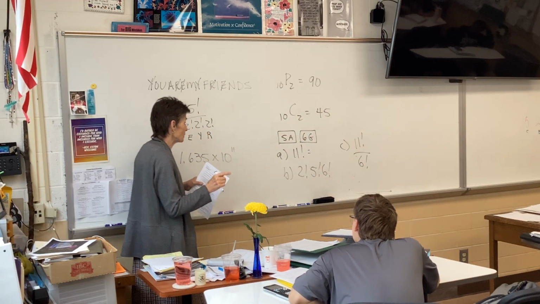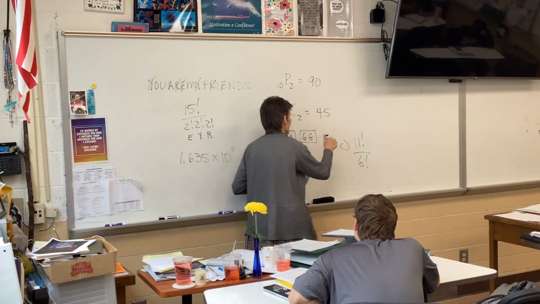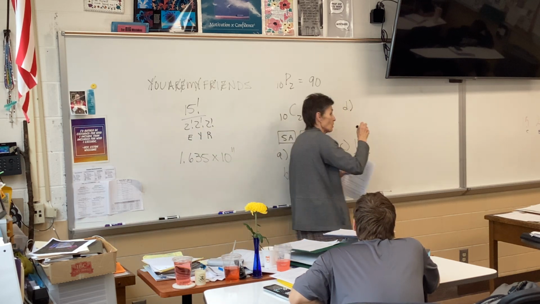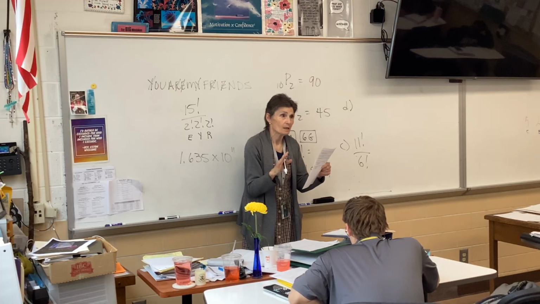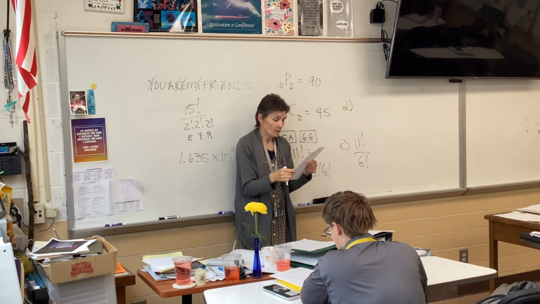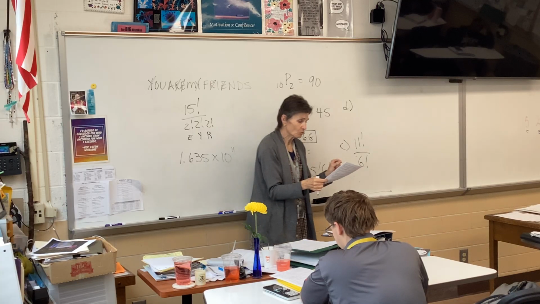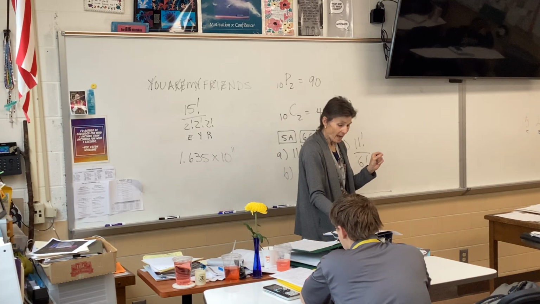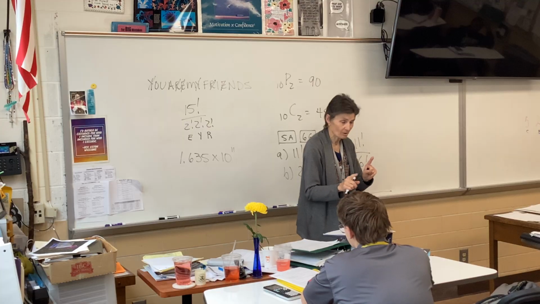On this one, you have to keep track. There's a lot going on. So, our same 11 books. But I'm not arranging 11 things, because the geometry books have to be kept together.